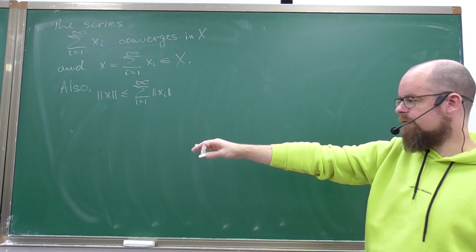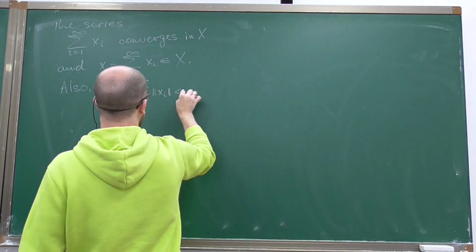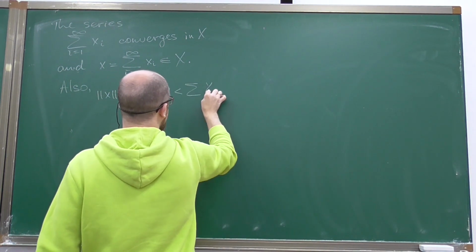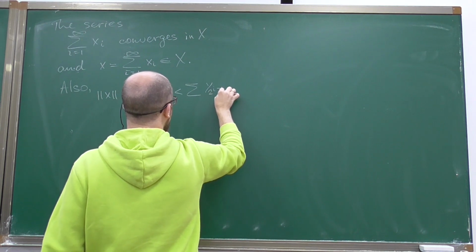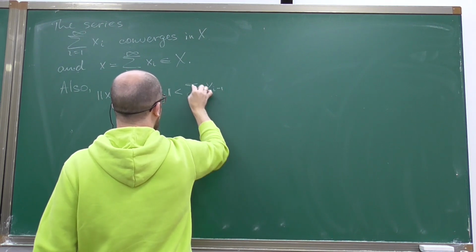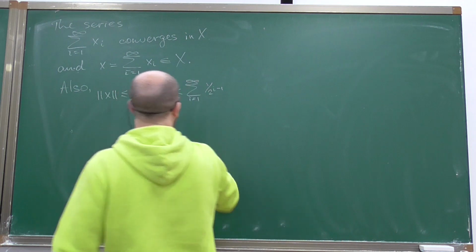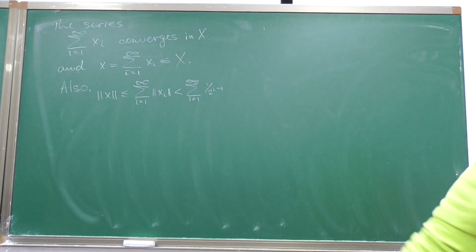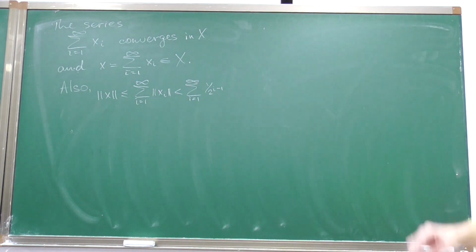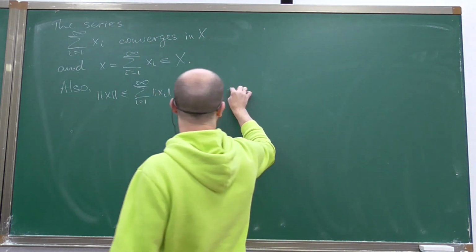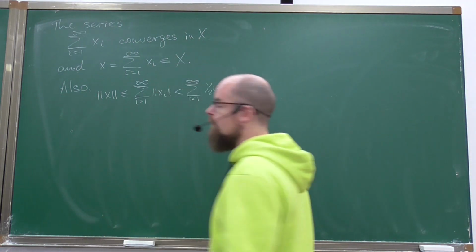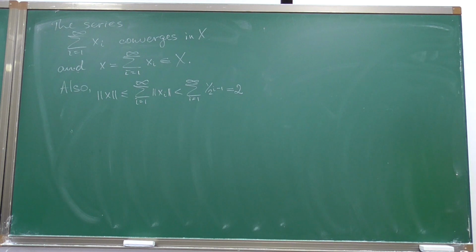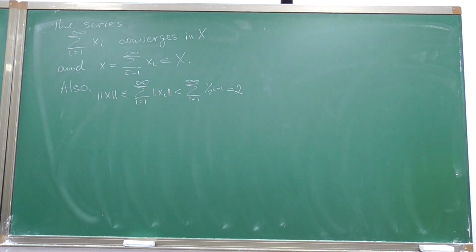But we have seen this already, so this is estimated from above by this sum, which is 1 plus half plus quarter plus 1 over 8 and so on. So this series equals 2. So the norm of x, which we constructed, is less than 2.